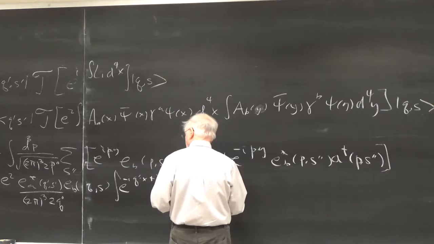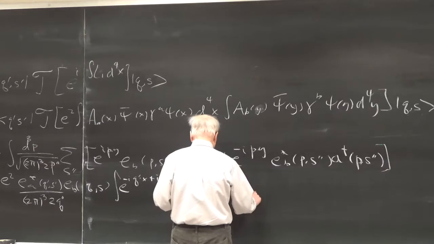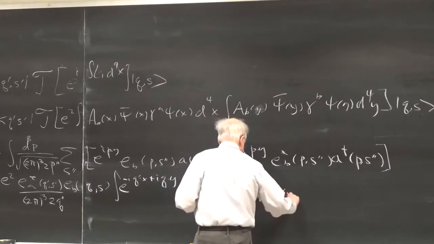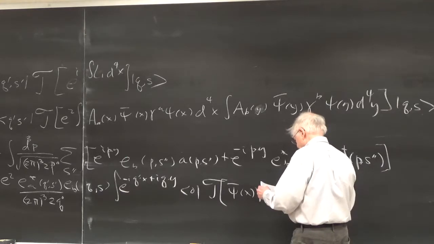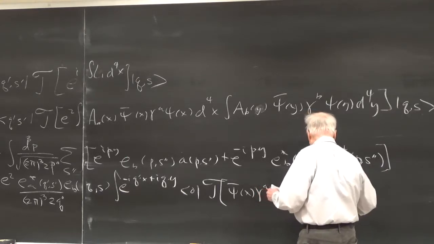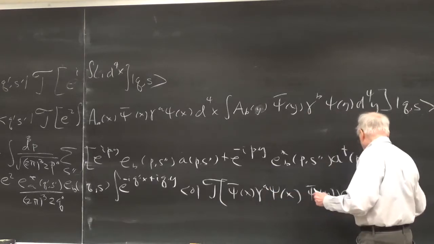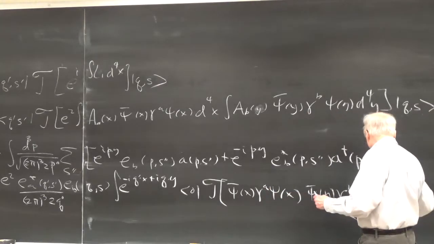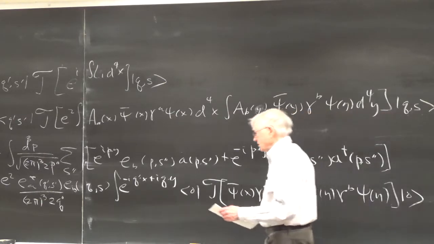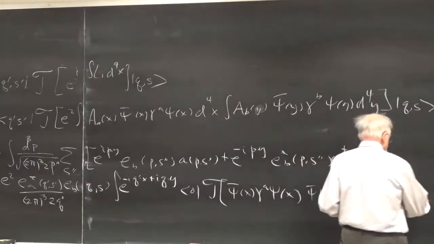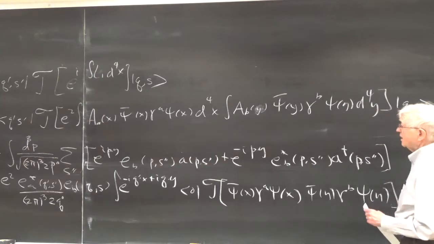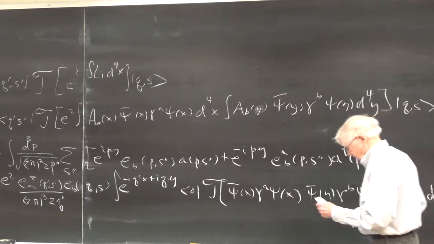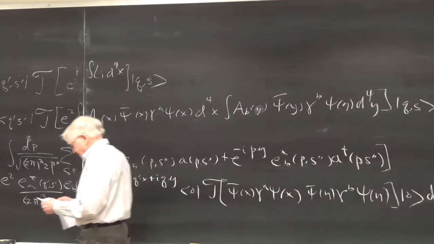What's left here is psi bar of x gamma^A psi of x, psi bar of y gamma^B psi of y, close the time-ordered product, and of course we have d4x, d4y.